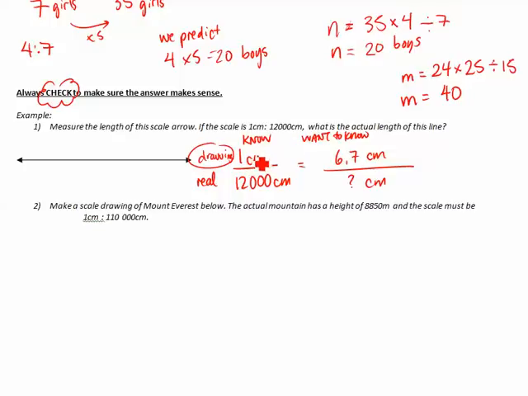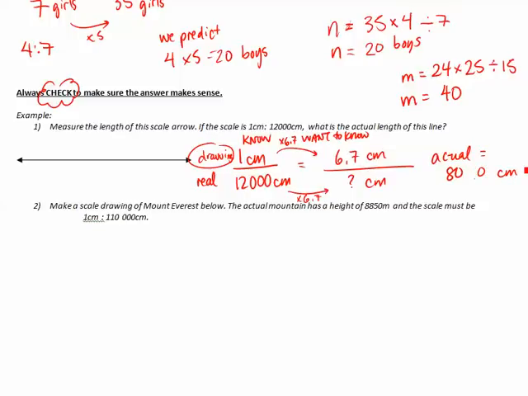The numerators are the information that we know. So 1 centimeter to 6.7, the scale factor is times 6.7. And I do the same with the denominator. I take 12,000 centimeters times 6.7, and it gives me the actual length of this line to be 80,400 centimeters.